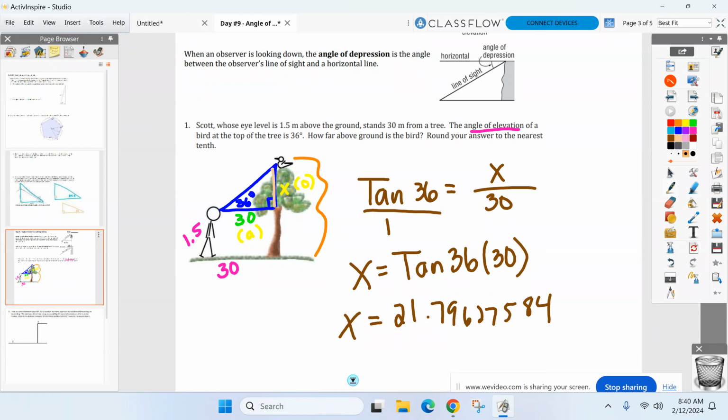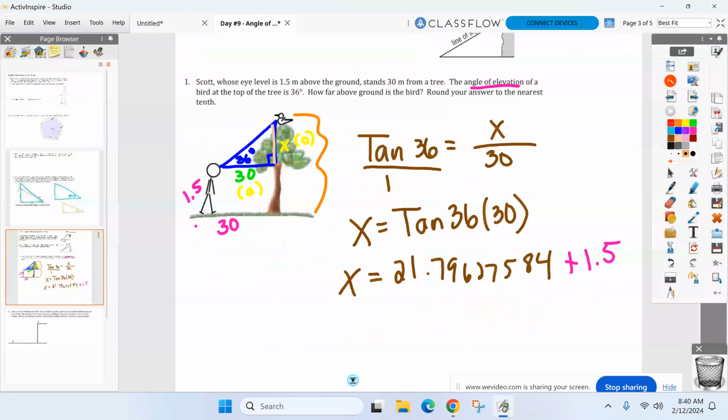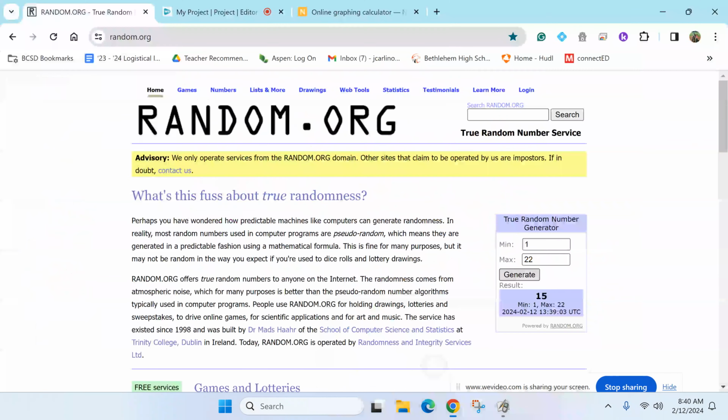Write it all out because that's not my final answer. And like Finley planned out for us, that's just the opposite side. I still have to add in that 1.5, which is his height. And when you have that to the nearest tenth, let me know.